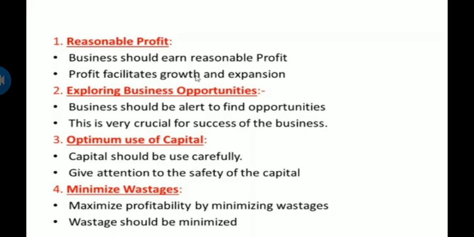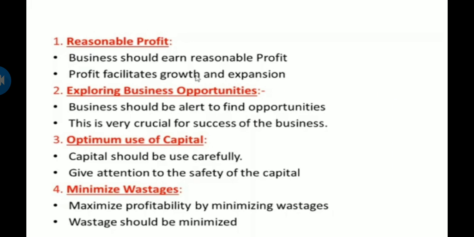We all know how important profit is to every business entity. Without profit, we cannot run any business. This is the first aim of any business, to earn maximum profit, because profit facilitates growth and expansion. Without profit, we cannot grow or expand our business because for expansion, we have to buy land or make furniture, and for this purpose we need money, and we get that money from profit.